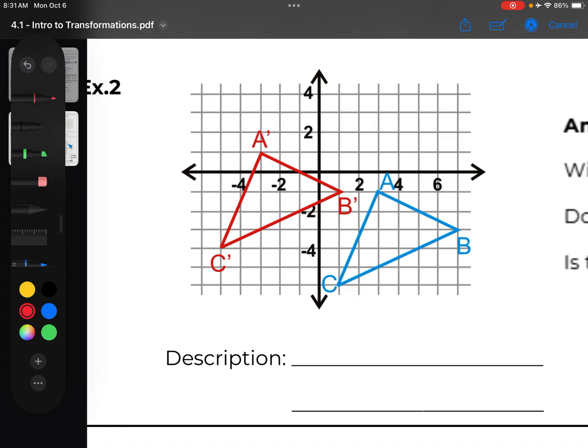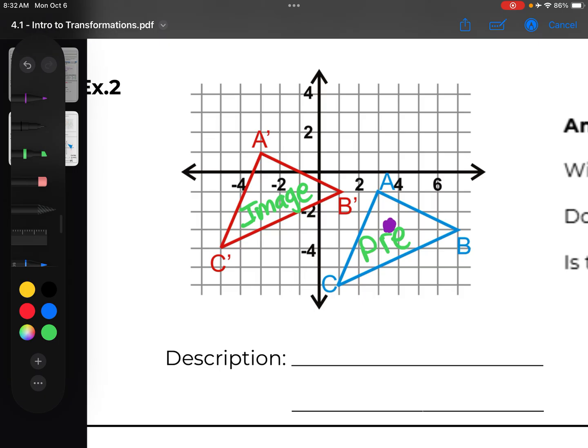In these images, I have a pre-image, and this is my image. To figure out how it moved, I pick any point. Let's say I pick point B. I'm going to use purple. Here's my point B. I need to see how much this point moves between the original point and the new point. We're going to count left or right first.